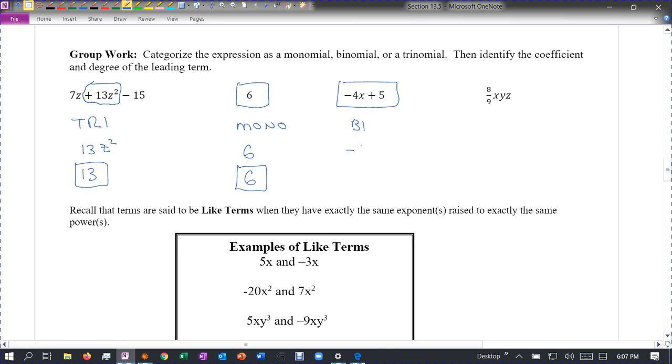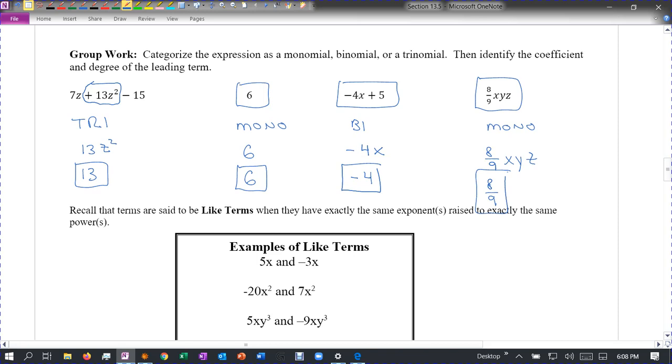And the leading term is negative 4x, and the leading coefficient is just the number. Okay, this one right here, we have a single term, multiplication between all of those. So this is a monomial, single term. The leading term is itself, and then the leading coefficient is the number out front, 8/9.